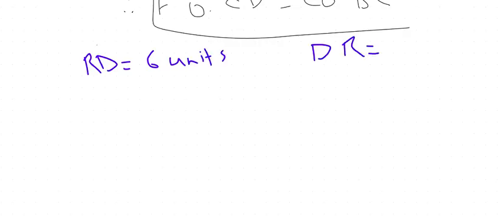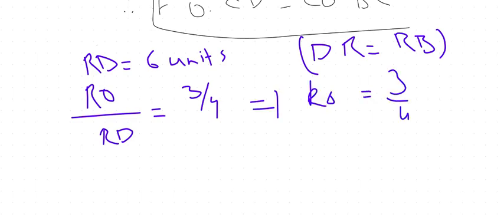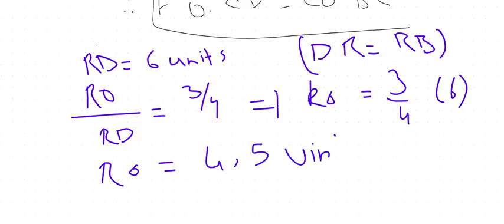So RO by RD equals 3 by 4, and it becomes RO equals 3 by 4 into 6. So RO we have is 4.5 units. RO is perpendicular to BD.